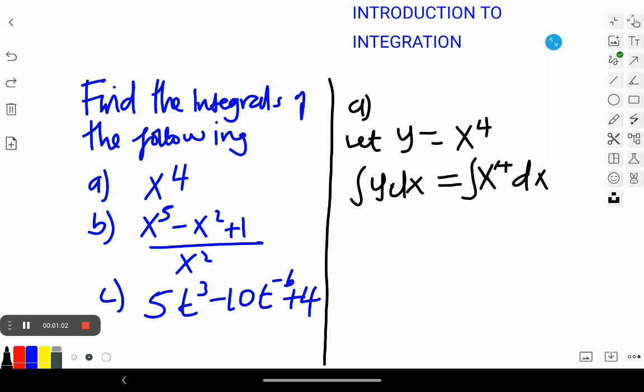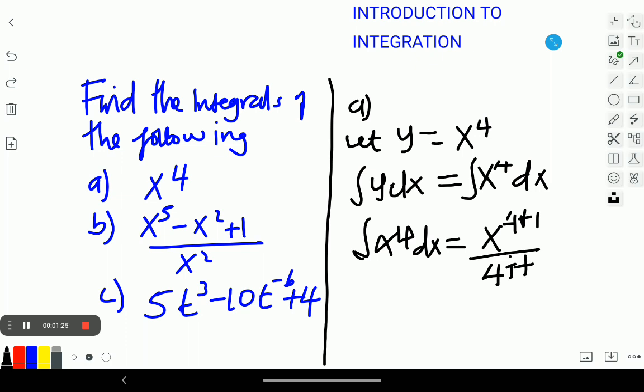Now y we know is equal to x power 4, so we have the integral of x power 4 dx. We shall have x power 4, then we raise the power by 1, divided by 4 plus 1, then plus constant c.